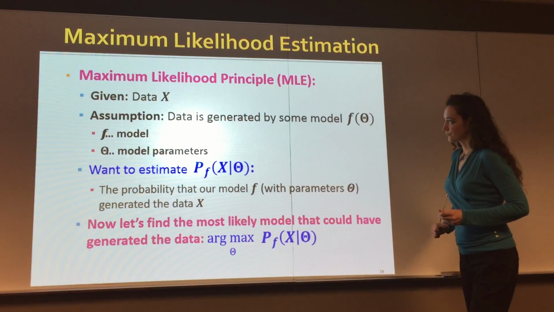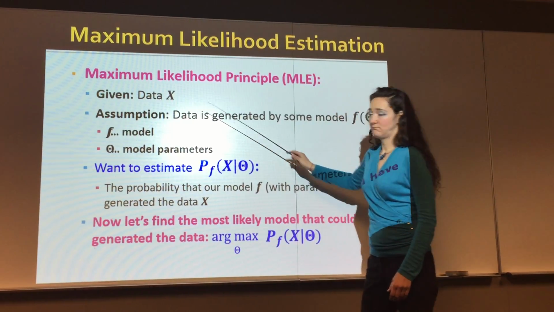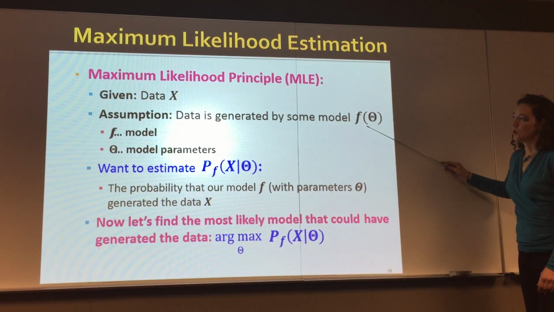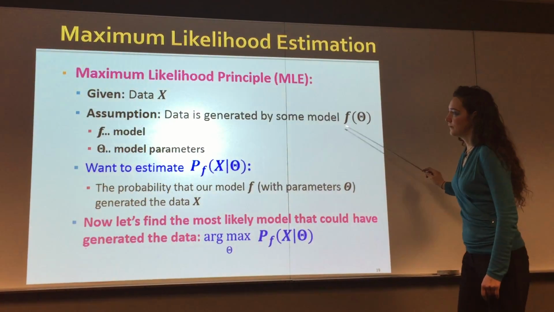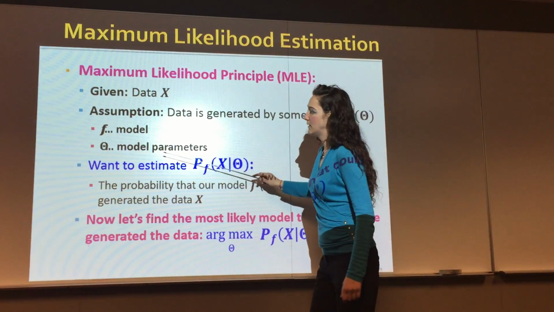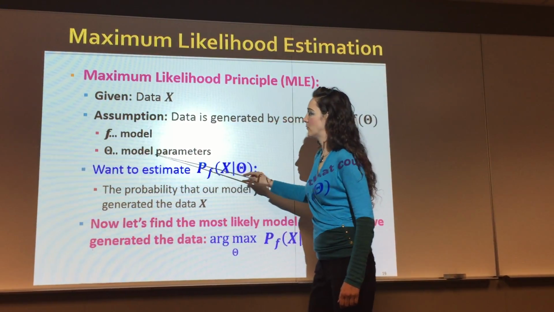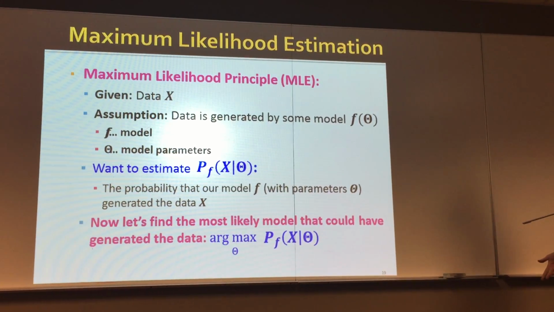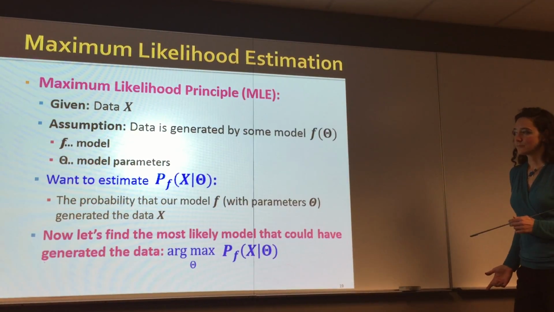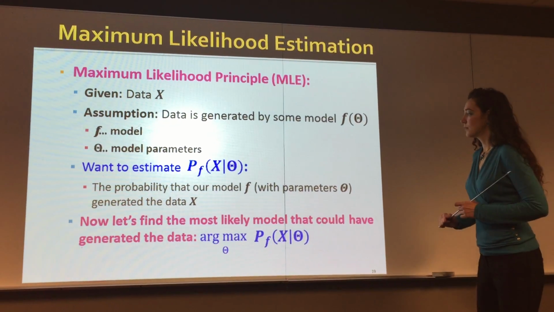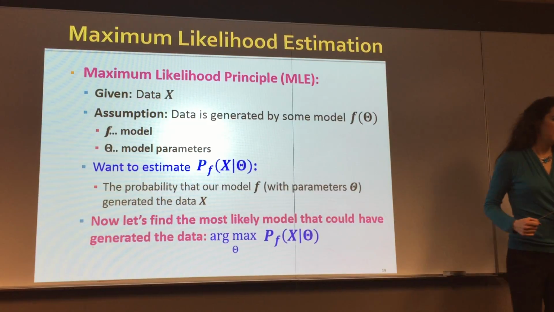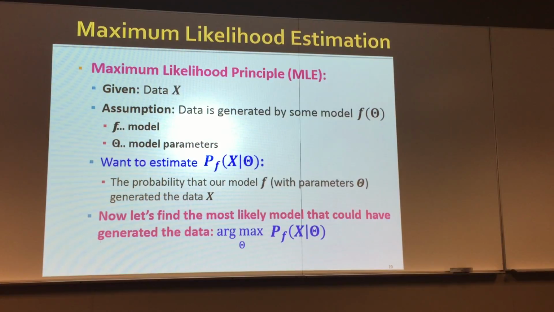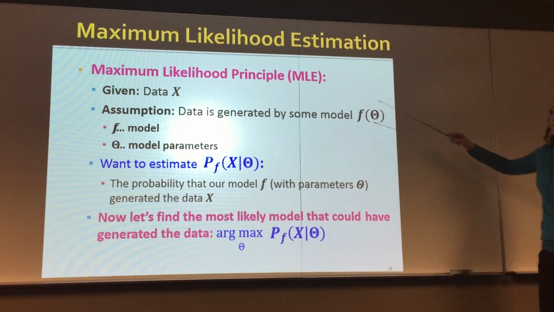So given the data X, we can generate this data by some model. So F is the model, and these are the parameters of the model. So we want to estimate the maximum likelihood affiliation matrix that's going to produce the particular network data for us.